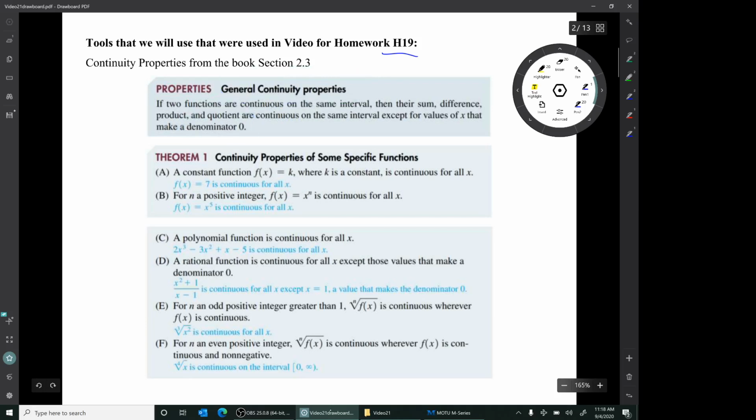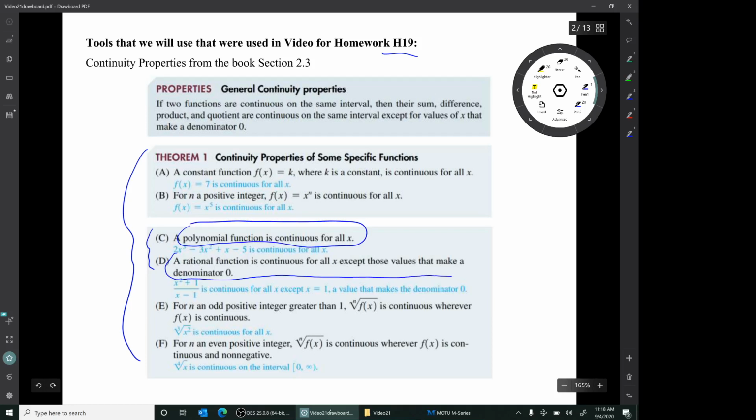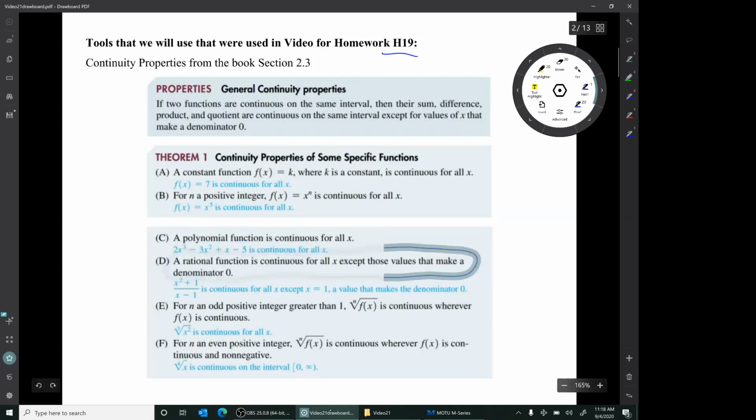And then there was this giant Theorem 1, general continuity properties of some particular kinds of functions. The most frequently used part of this theorem was C and D, that polynomial functions are continuous for all x values and that rational functions are continuous at all x values except for those x values that make the denominator 0.